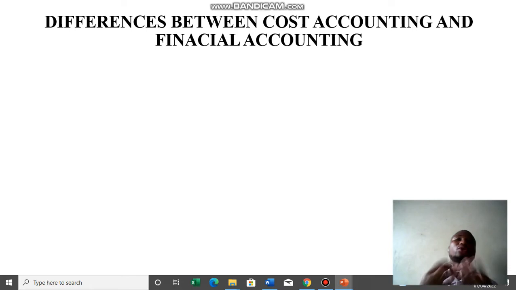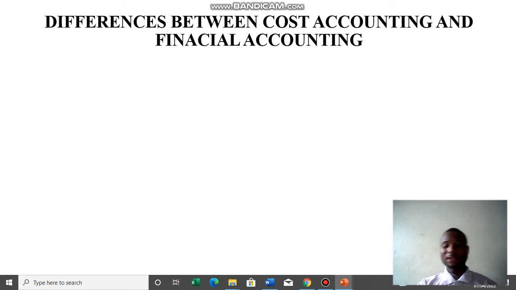So even if you are a sole trader, it's important that you have a financial accounting system that would at least help you know how much profit you are making. So for proper estimation, it's very important. But it is not that emphatic when it comes to a sole trader. For a company, it is regulatory mandatory. It's a mandatory thing to have a financial accounting system within your setup.